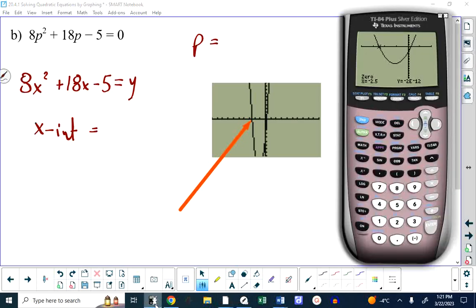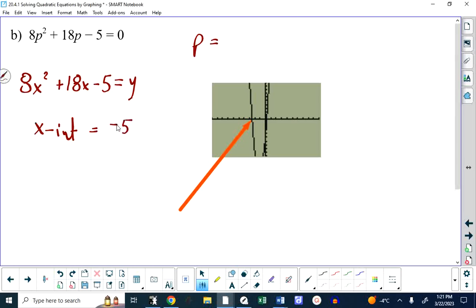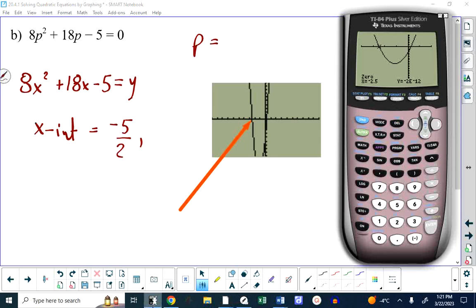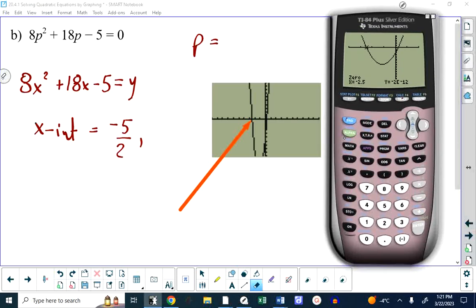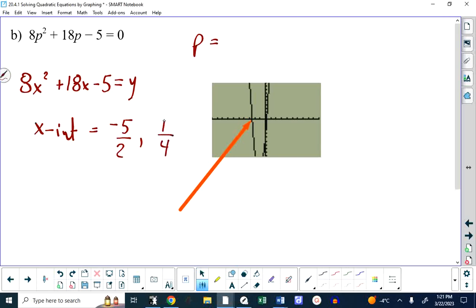This one, I was just guessing by looking at it, is -5/2 for the first x-intercept. If you want to know how I know -2.5 is -5/2, I just know it. If you want to convert it to a fraction, that's fine on your calculator. My other x-intercept is 0.25, which is 1/4. Any questions with B?